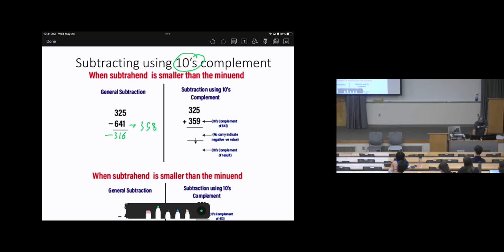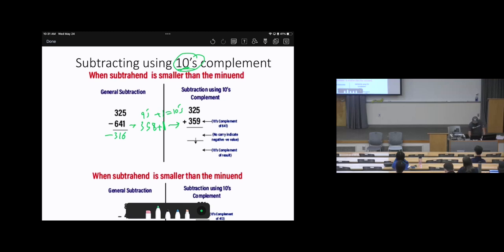Then don't write 358. Don't forget there is 1 to be added. Because this is the 9s, this plus 1 equals the 10s, right? So 359. Again, one of the mistakes is that some people just find the 9s. Remember, this is tens complements. So find the tens. Okay?